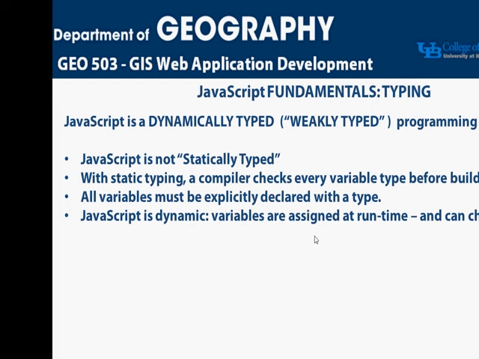JavaScript is dynamic. As I said, it's much more forgiving. It's determined at runtime. For example, I could, in one part of my code, set a variable to a string. And then I can turn around later and just say, now a is a number.